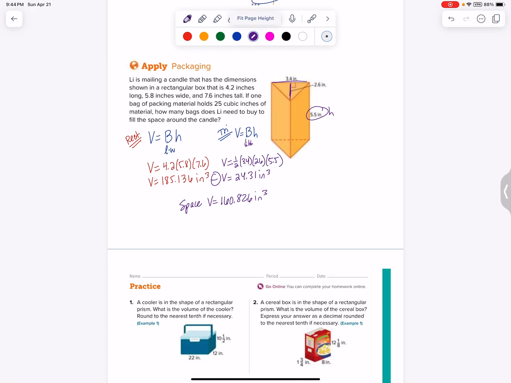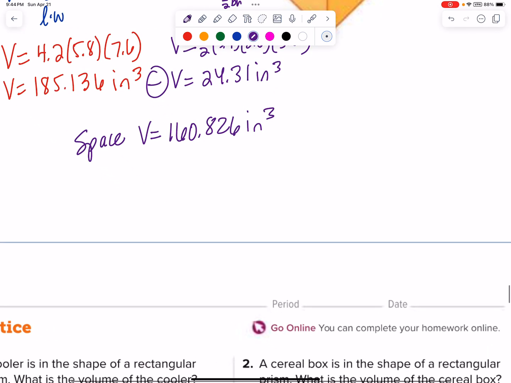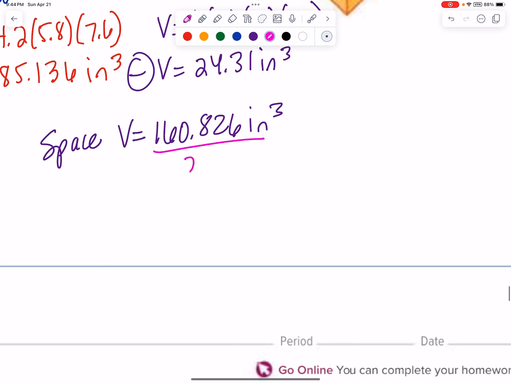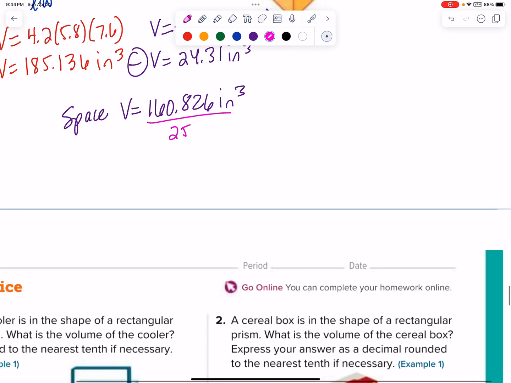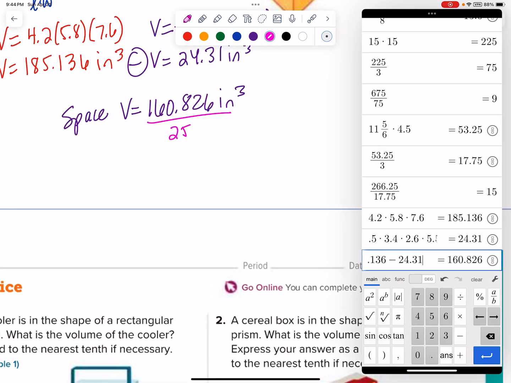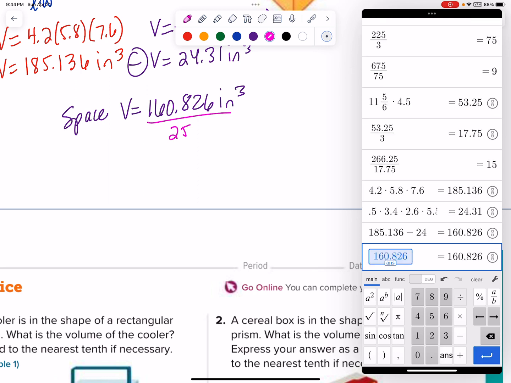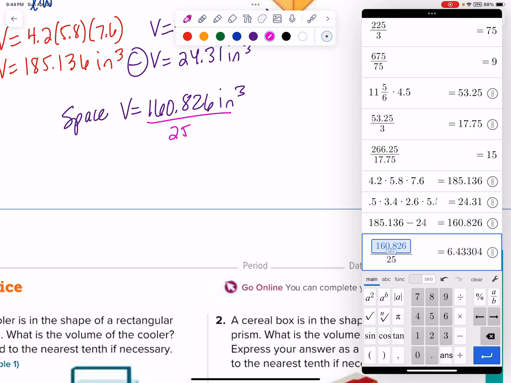So that's how much empty space is in there. It says a bag of packing material holds 25 cubic inches of material. So how many bags are we going to need to buy? So let's just divide this up into bags, which are 25 inches cubed. And let's see what we got here. So we can just hit enter, answer divided by 25.